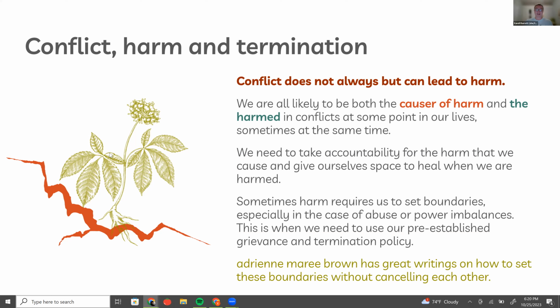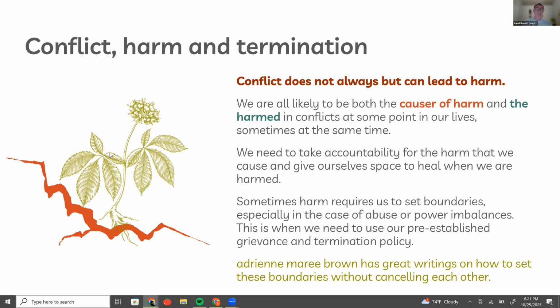But also, we're all probably at some point in our lives going to be both the causer of harm and the person that's harmed, and sometimes within the same conflict, we're just harming each other. So it's really important that as we move through conflict, we take accountability for the harm that we cause, and also give ourselves space to heal when we are harmed in those conflicts.